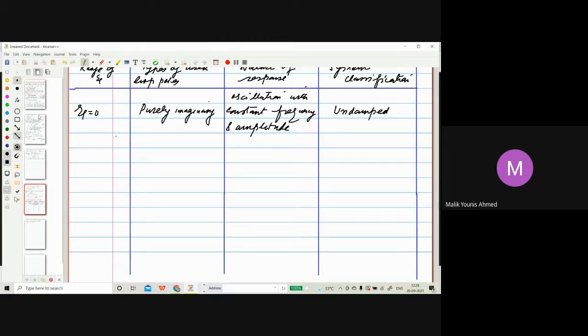Okay, next is if xi is less than 1. So what will happen? That's an underdamped system. We have seen complex conjugate with negative real part. Poles will be complex and they will also be conjugate of each other, with negative real part.